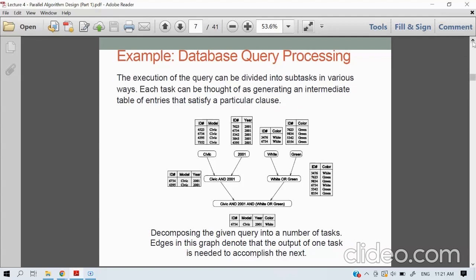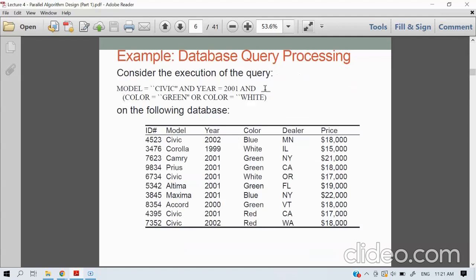If you remember the previous one, the SQL, we need to find the output step by step. We need to find the model of the car first, followed by the year of the car, and then we need to find the color, which is green and white. So this SQL statement can be broken up into several processes.